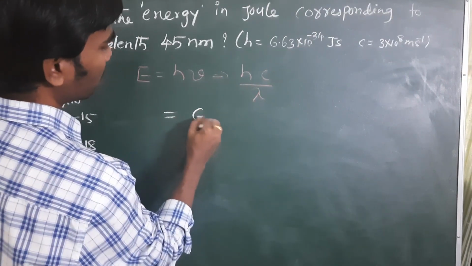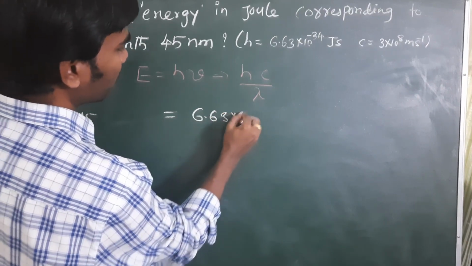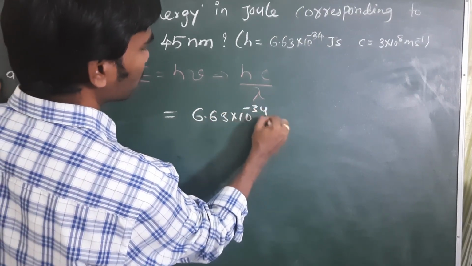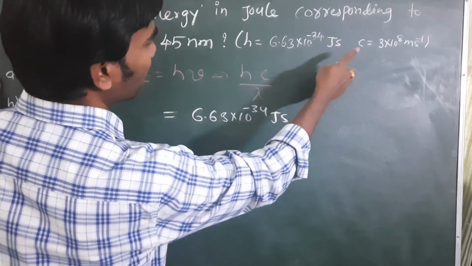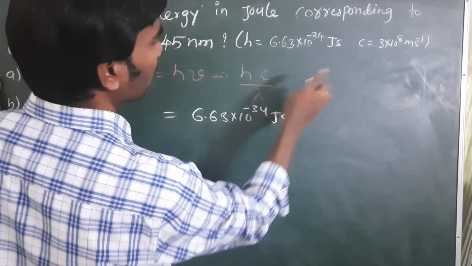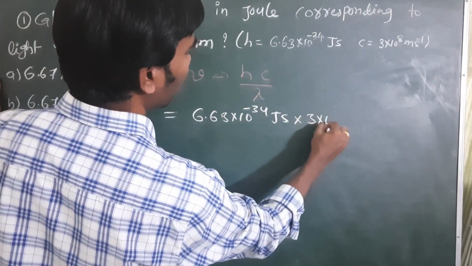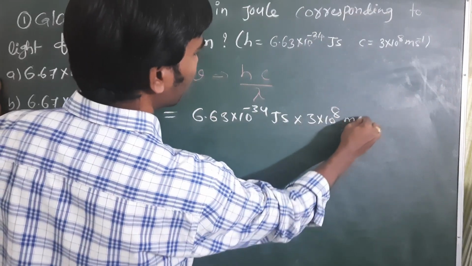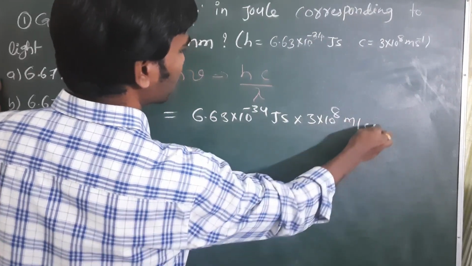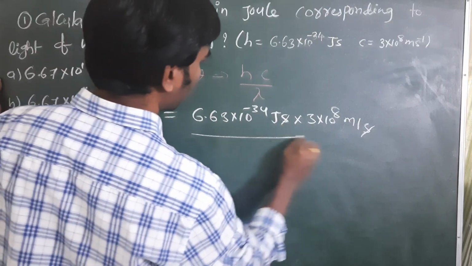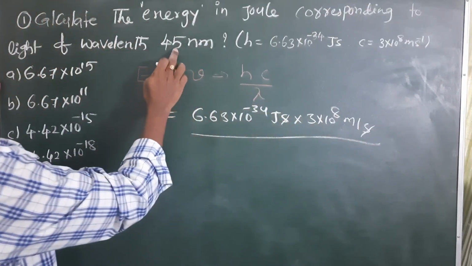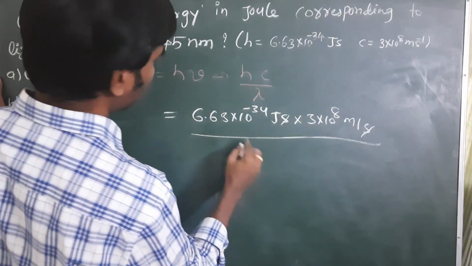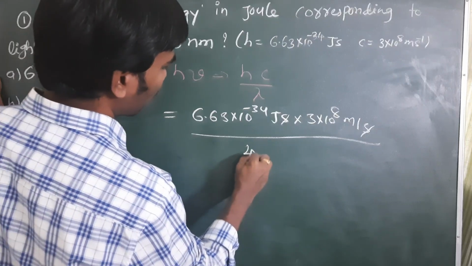So 6.63 into 10 to the power of minus 34 joule second. Then the c value they gave, 3 into 10 to the power of 8 meter per second, right? So the second gets cancelled. Then what is the wavelength? Wavelength is 45 nanometer they have given.